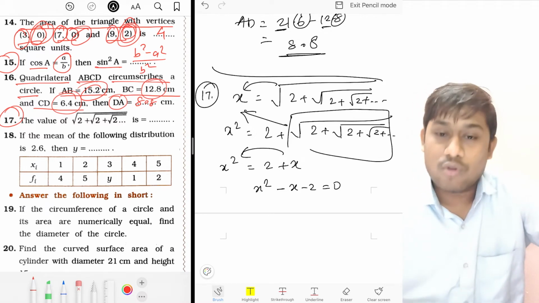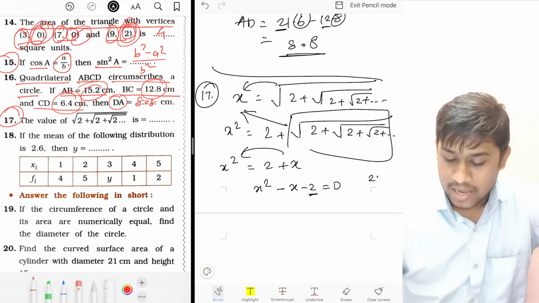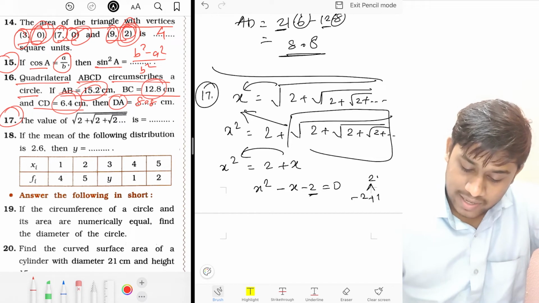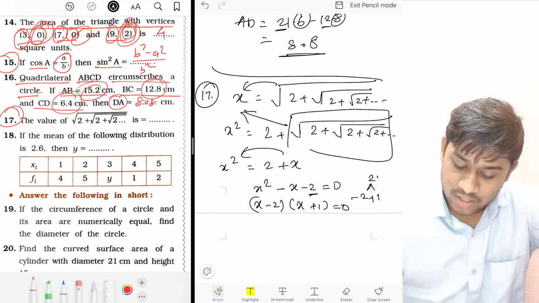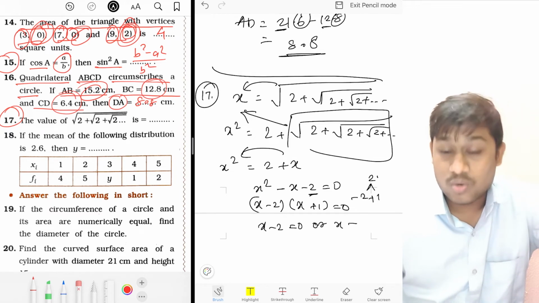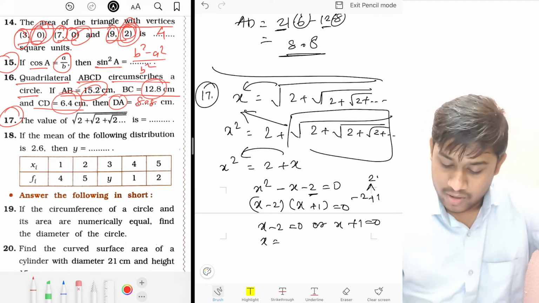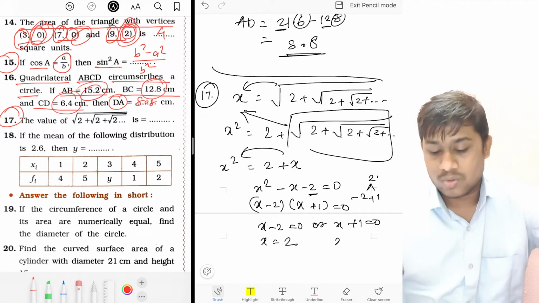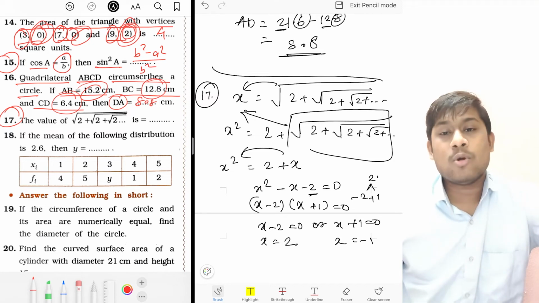This is how you want to give a quadratic equation. Now just go for factors. We have 2 ones are 2, and minus 2 plus 1 we have minus 1. So we have x minus 2 and x plus 1 is equal to 0. So you can write x minus 2 is equal to 0 or x plus 1 is equal to 0. So x is equal to what? Just think, we have 2, and for the other, x is equal to minus 1.